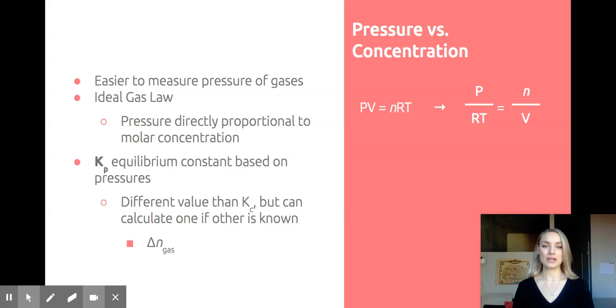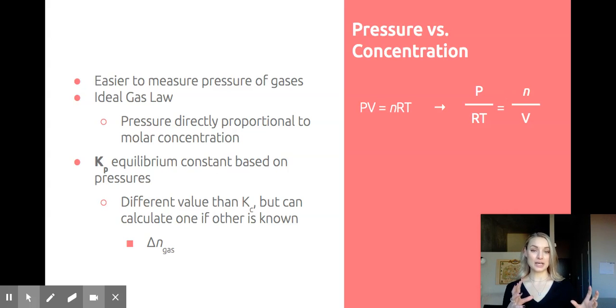PV is equal to nRT, where P is pressure, V is volume, n is the moles, R is the universal gas constant, which is 0.0821 atmospheres times liters per moles times Kelvin, if you're working in atmospheres, times temperature.